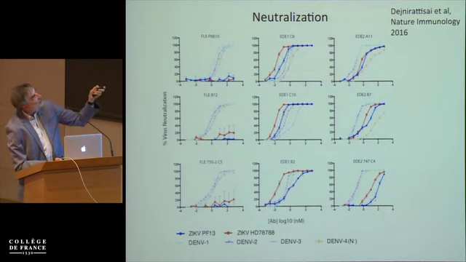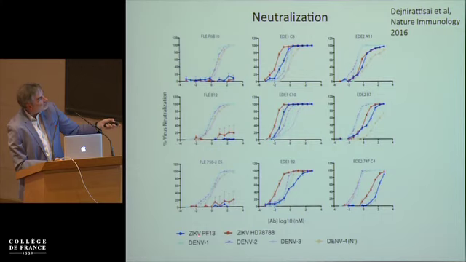The fusion loop antibodies that I had shown for dengue virus could neutralize dengue virus as shown here. Not that bad, but for Zika, there are two strains: one is in blue, the Western Pacific strain, and the other is the African strain that had been attenuated over the years.